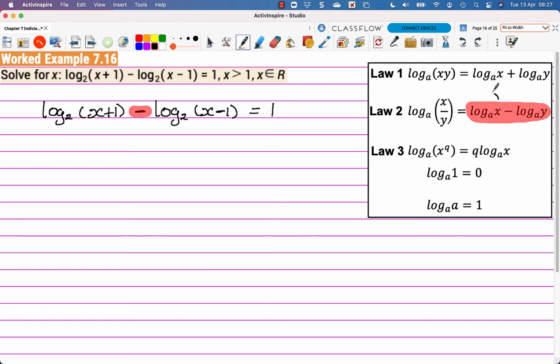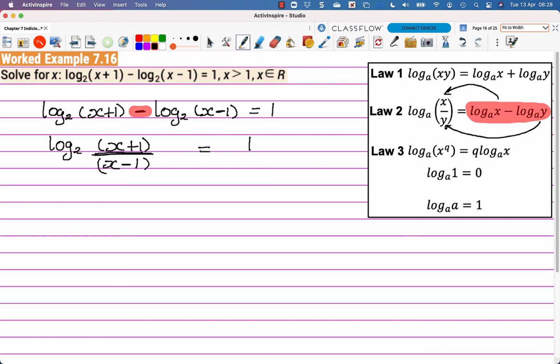The x is going to go on top and we're going to be dividing by the y on the bottom. So the left-hand side becomes a single log, and the first number, which is x plus 1, stays on top, and the minus part becomes a divide by x minus 1, and that is equal to 1.